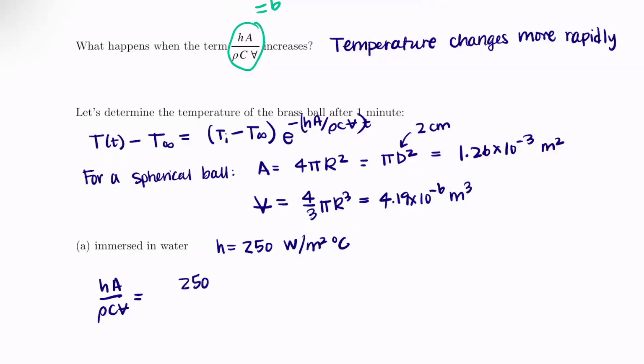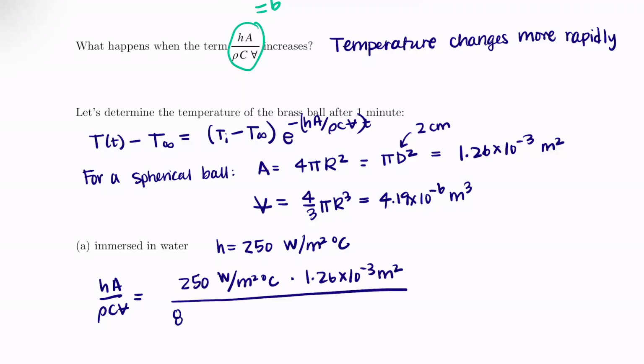We have 250 watts per meter squared degree C times A, which is 1.26 times 10 to the minus 3 meters squared, divided by density, which was given to us earlier in the problem statement as 8522 kilograms per meter cubed, times our specific heat, which is 0.385 kilojoules per kilogram degree C, and then times our volume, 4.19 times 10 to the minus 6 meters cubed.